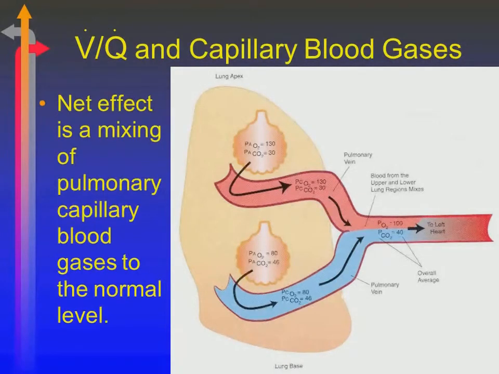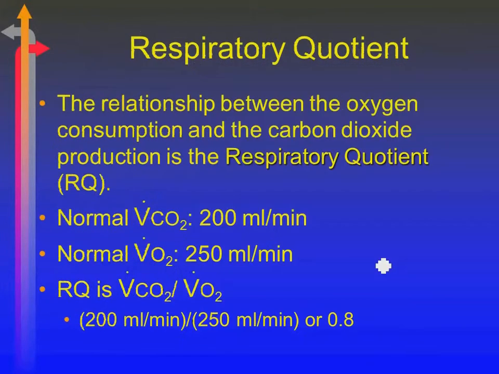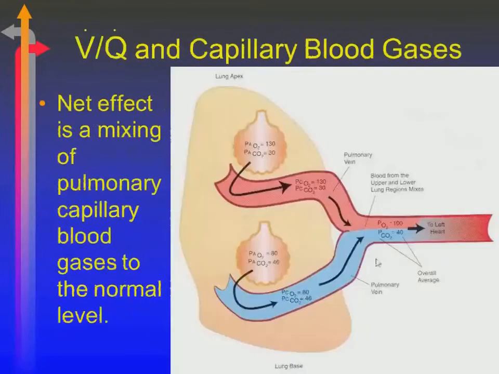But bottom line is they all mix together so that when we're done, our O2 is within normal range and our CO2 is within normal range. So there's a balance at the very end of the process. So in the body we have a range from total shunt to total dead space. Ideal would be a VQ of 1.0. Normal value is a little bit lower than that, somewhere between 0.8 and 1.0.